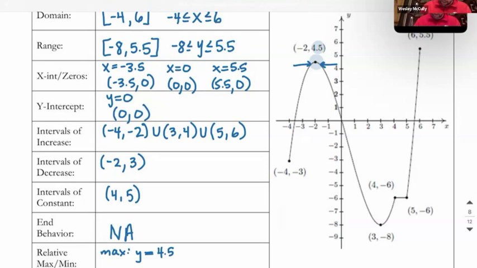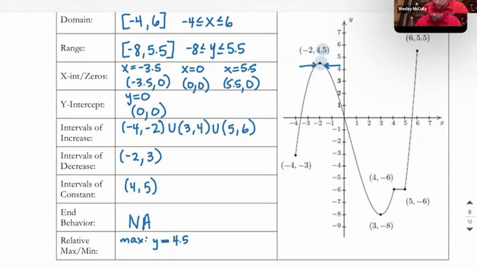All right. So now let's take a look at this other point. It changed directions right here at 3, -8. So again, I'm going to look at immediate left and immediate right. You can see that both left and right of the point in question are above that given point. So this is a minimum because the other points are higher than that.